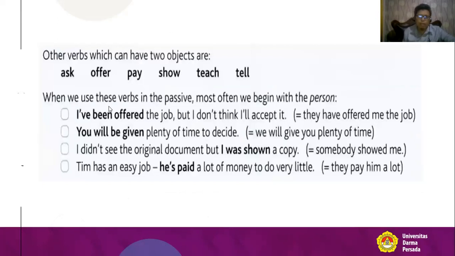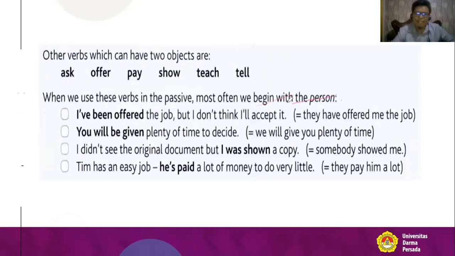Other verbs which have two objects are ask, offer, pay, show, teach, and tell. So they are all verbs which can possibly be put with two objects. When we use these verbs in the passive, most often we begin with the person.